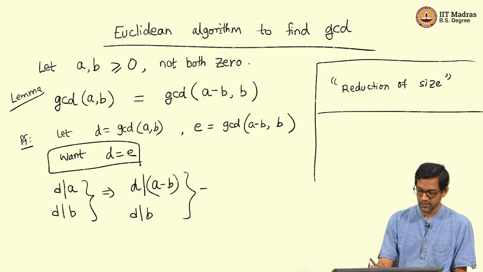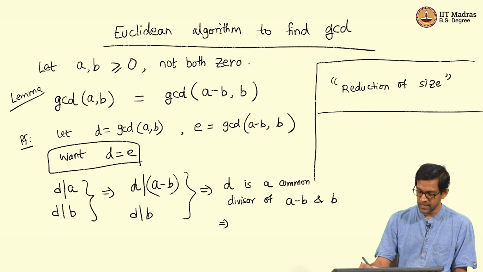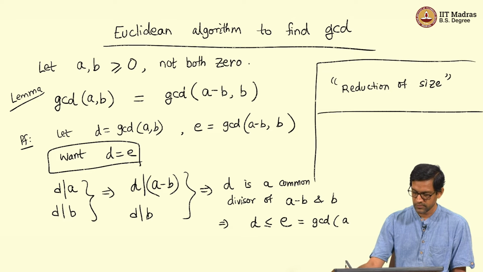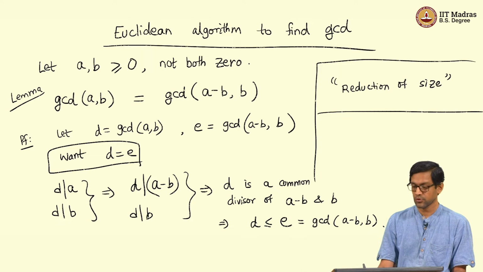This says that d is a common divisor of a minus b and b, but e is the greatest common divisor. So, that means that d is less than or equal to e, because e is supposed to be the greatest of all the common divisors. Okay, so we have proved one direction, we have shown that d is at most e.